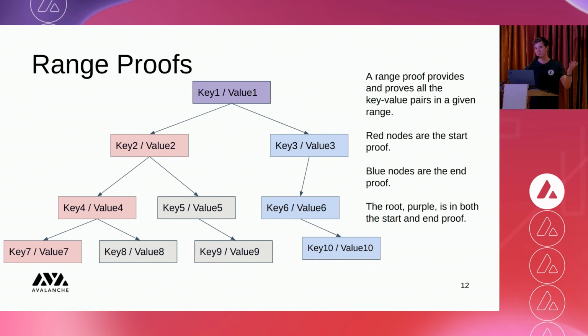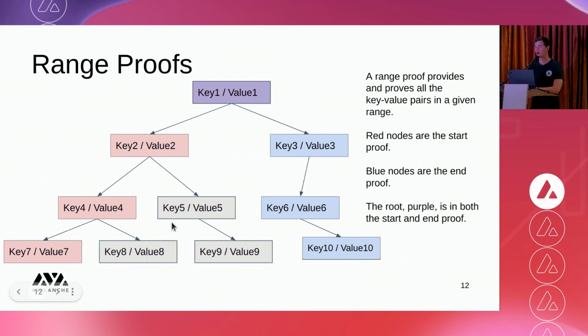So the person who is receiving the key value pairs, we assume that they have some trusted root hash, right? This is, again, the same way that you can get this as I described before. So what I do is I give you a proof, a Merkle proof of the first key value pair in the range, and I give you a proof of the last key value pair in the range.